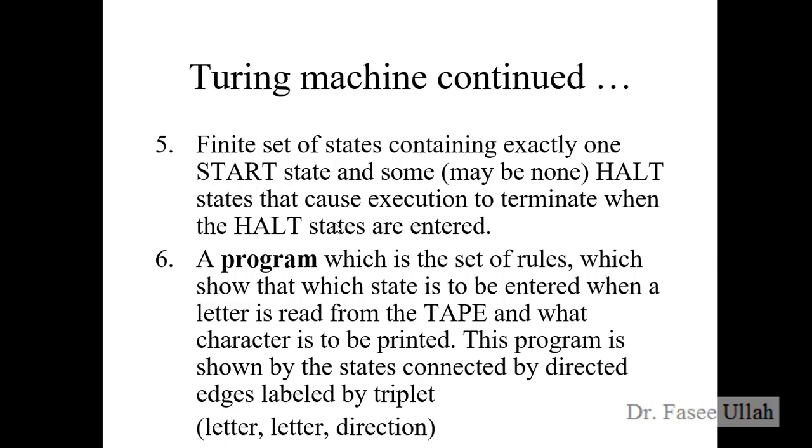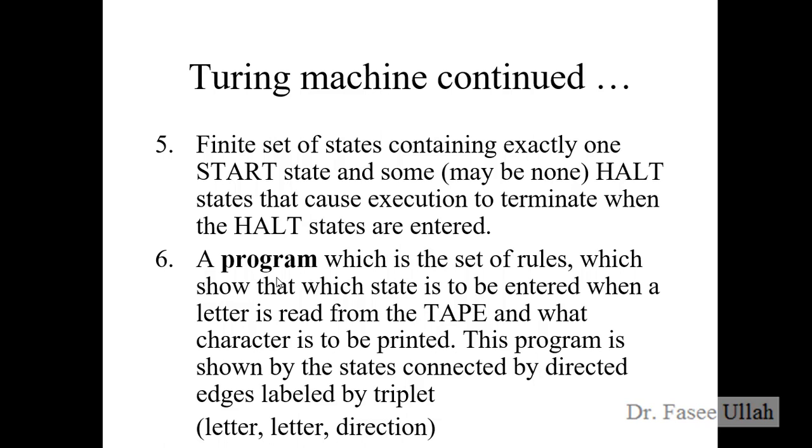Q1 is the state, and next, for example, A is the output of this Q1, which is replaced by Q1. And next, for example, we have R or L, meaning right or left side. So this is the program we actually use in the Turing machine.